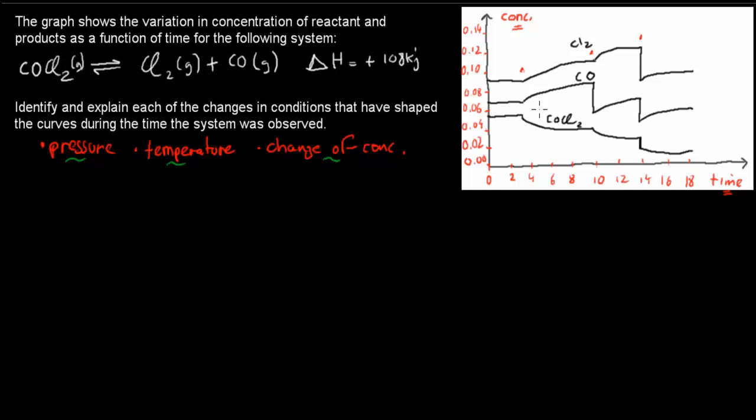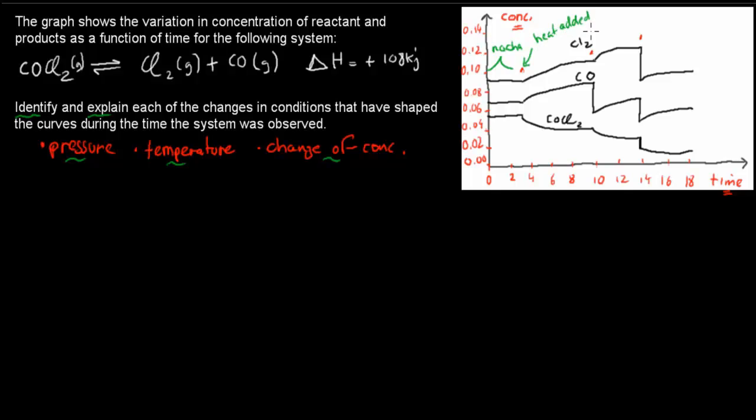And you need to figure out where they actually happened and why they happened as well, because you need to identify it, which is to say just what happened at these stages, and then explain, so why did this happen. Right, what I said initially was that at this stage of the graph, there was no change. Here, there was heat added to the system.